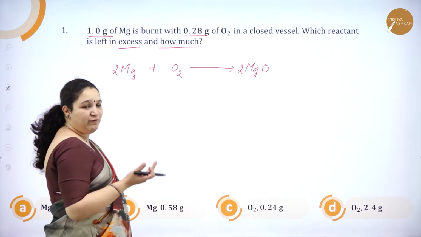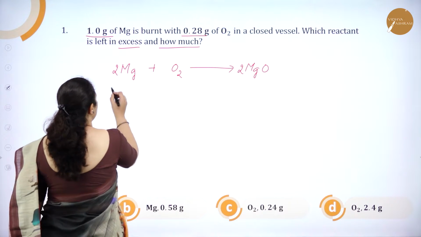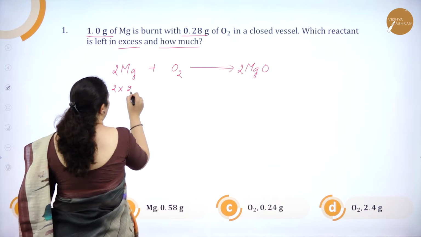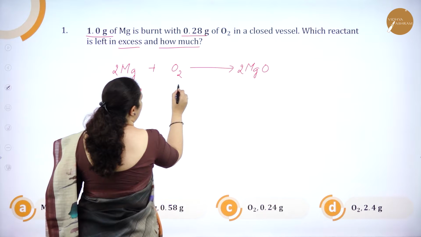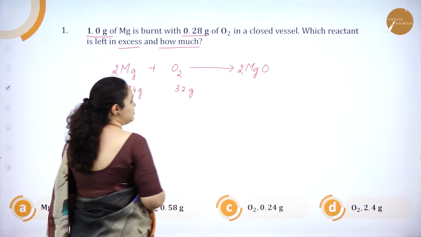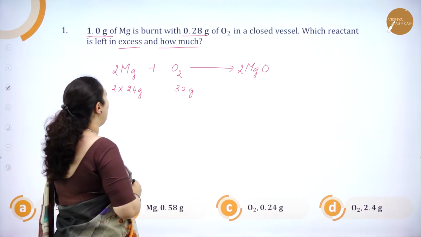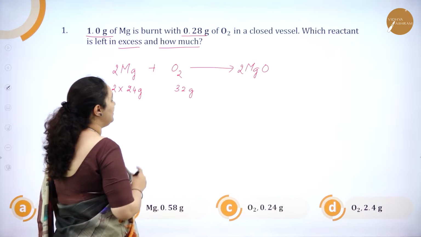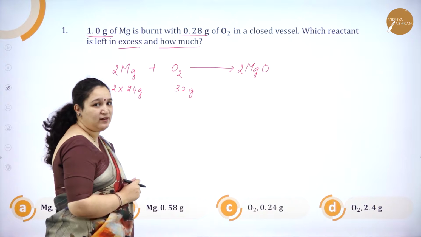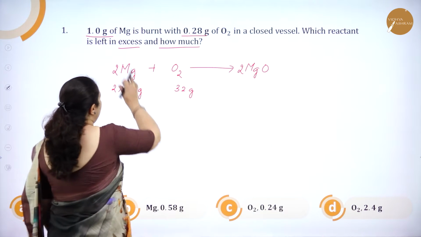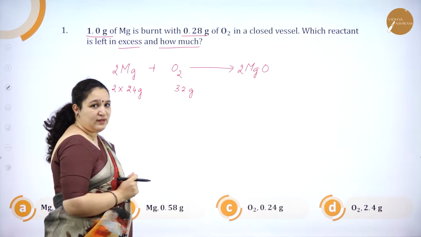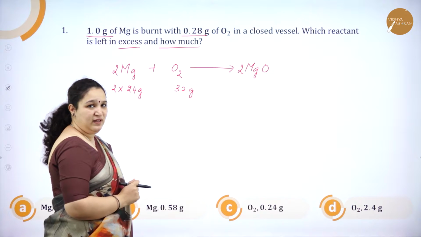Or if I have to put it in grams, it is 2 into 24 grams reacts with 32 grams of oxygen. But what do we have? We have 1 gram of magnesium which is burnt with 0.28 grams of oxygen. From this ratio, you get to know that oxygen is the limiting reagent.